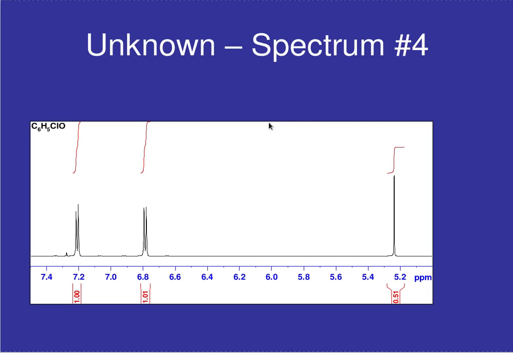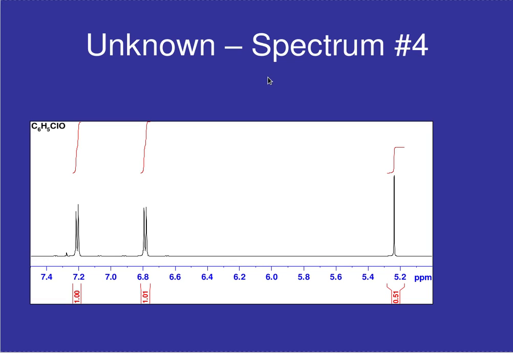Now, if this is in the aromatic region of the spectrum, notice that you have 2 protons that give rise to that signal, and 2 protons that give rise to that signal. But of course, in an aromatic system, you can never have a CH2.